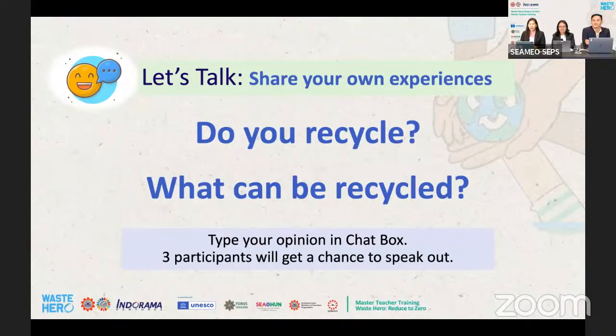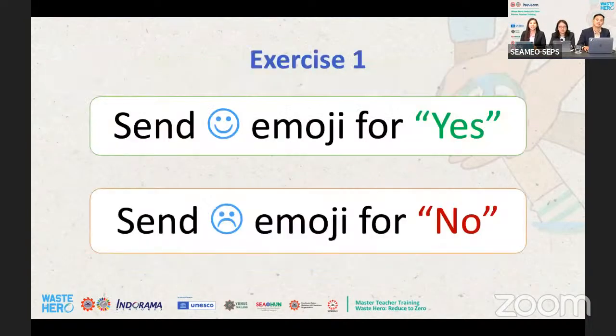We're going to do the exercise, since you already understand a bit about things that can be recycled and things that cannot be recycled. This one, you can ask your students to print out from the website. It's called the Yes No Handout.